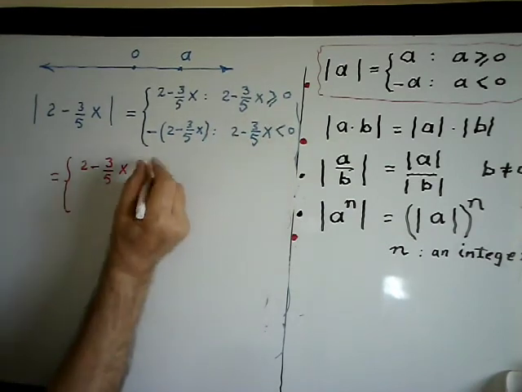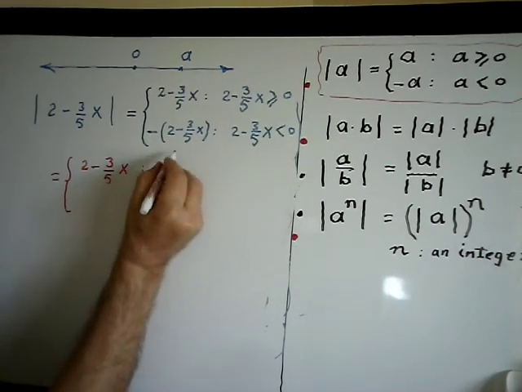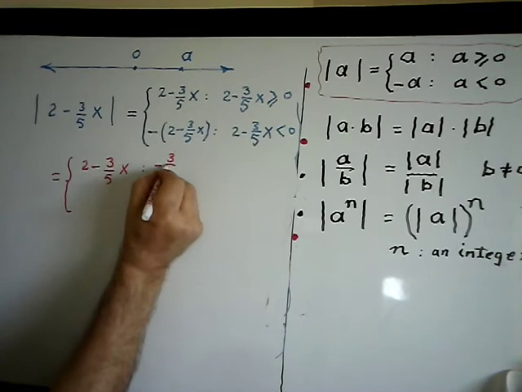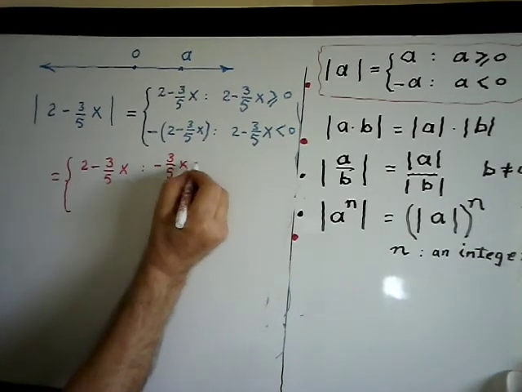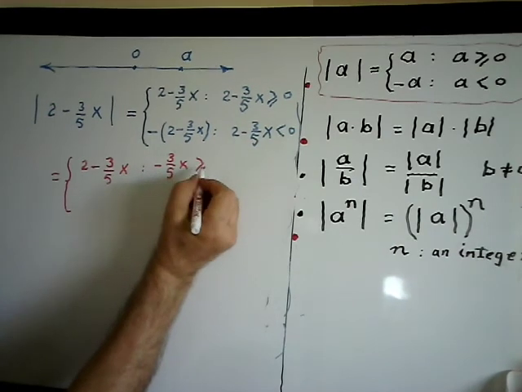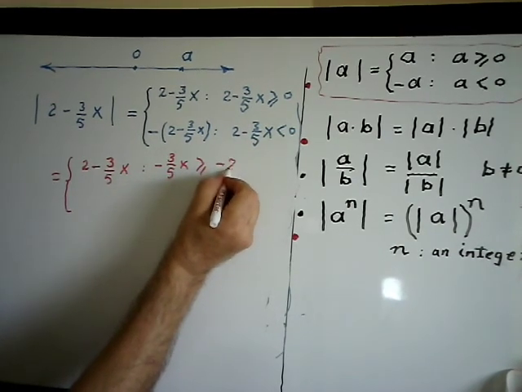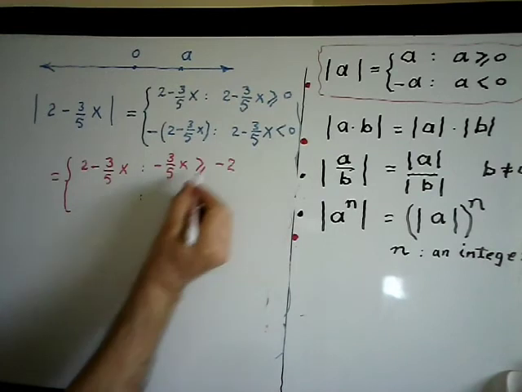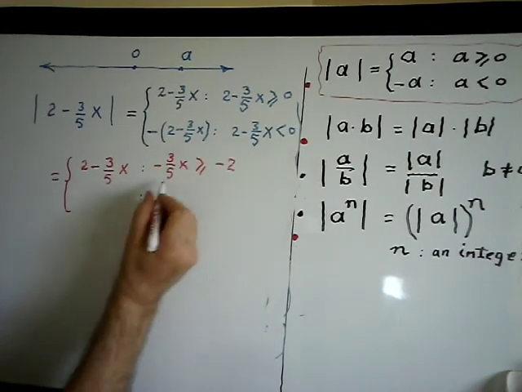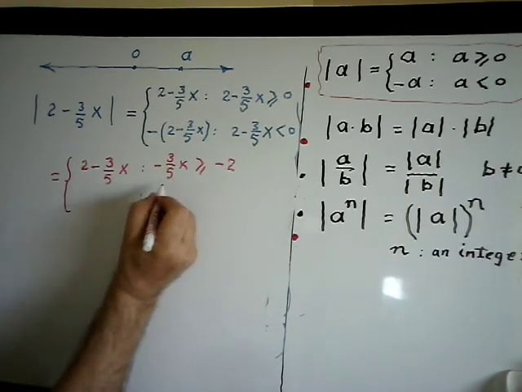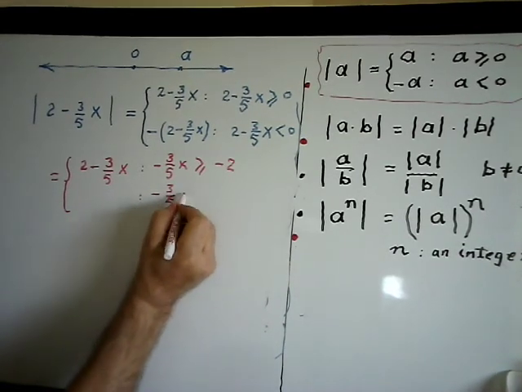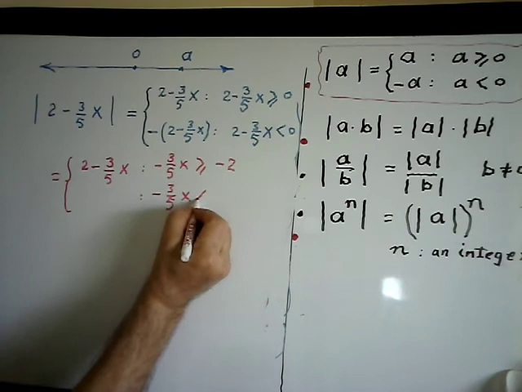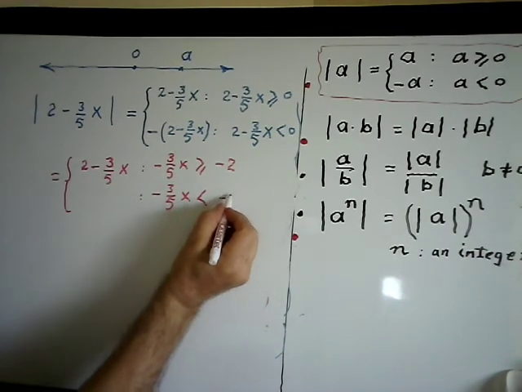So the first step we write negative 3/5x is greater than or equal to negative 2. And also this inequality, the same thing we do. So negative 3/5x is less than negative 2.